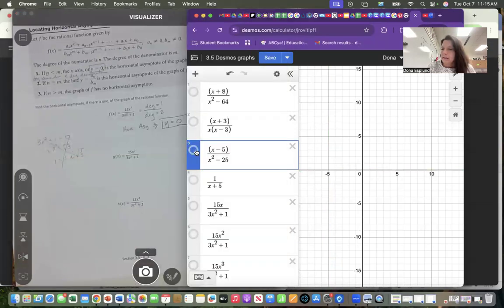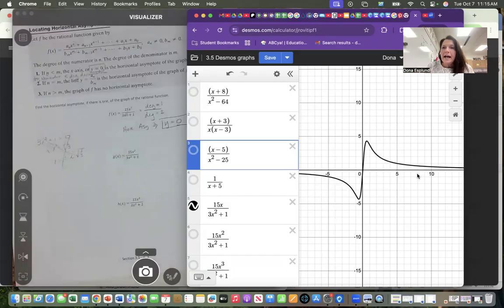So let me go back to here. I've got the 15x squared plus 1, which is this one right here. Notice on this one, I have no restrictions on my domain, and that's why I'm not going to see a vertical asymptote. But I do see a horizontal asymptote.